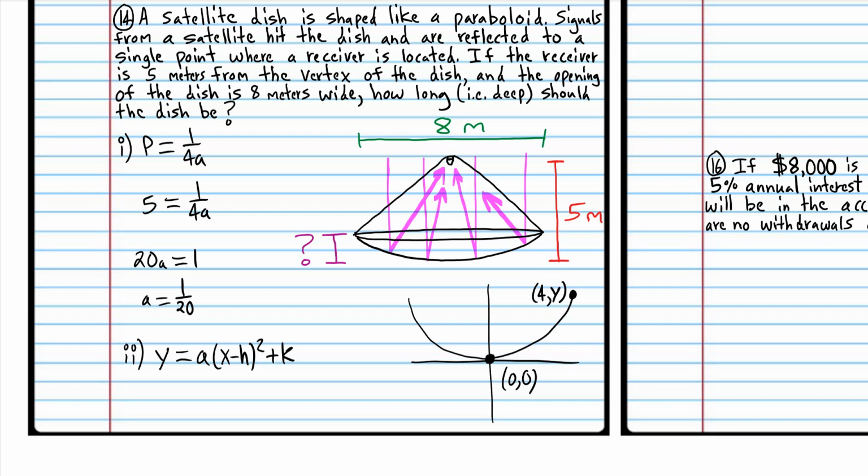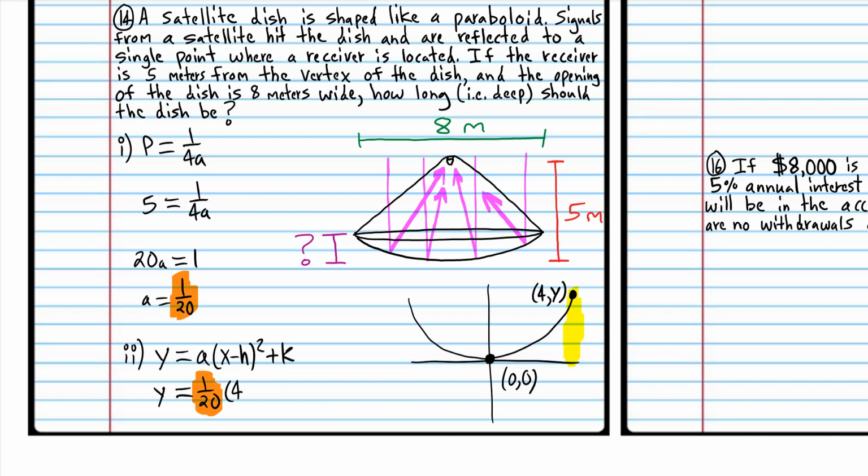So let's fill in. Y is going to be, well, we don't know. A, we found, is 1 over 20. That's this number up here. And x, the x value is going to be 4 at this point. We're going to use this point to find that y value. We want to know how deep the dish is. That's going to be this yellow distance here.